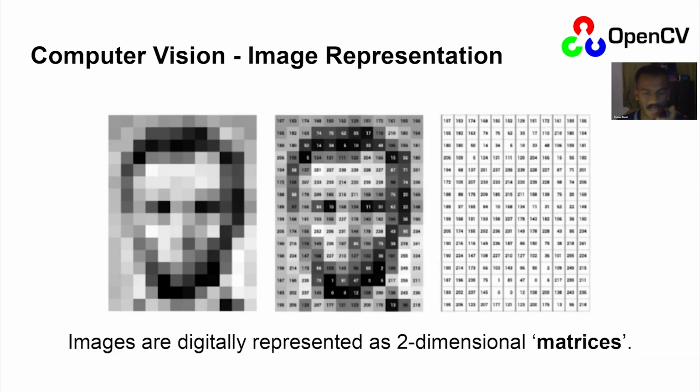So how is an image represented, right? You can see that you have a very bad image over here. It's a face of a person, right? And you also have values for each of these building blocks over here, right? So you can see numbers within each of these building blocks.